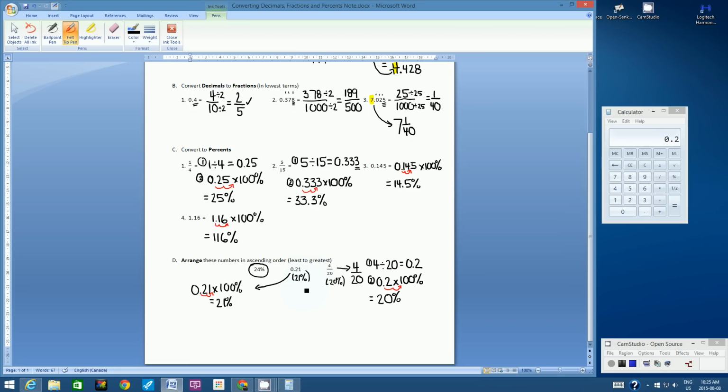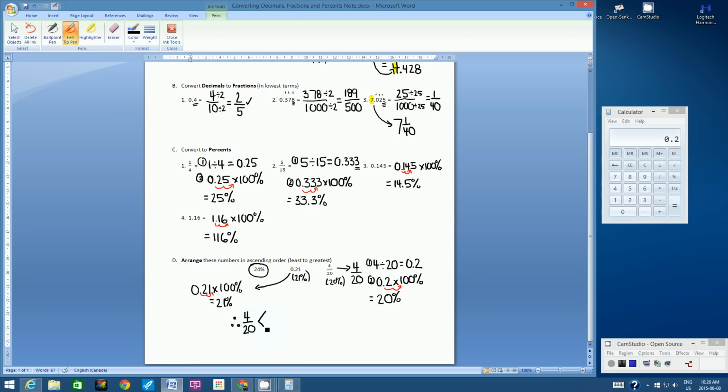Okay, so now let's arrange these numbers in ascending order. Ascending means least to greatest. Okay, so which one is the least number? Well, it looks like this is the least number. Now, in your final statement, I don't want you to put 20% because 20% was not given as one of our choices. The form of the number was a fraction. So we have 4 over 20 is the smallest number.